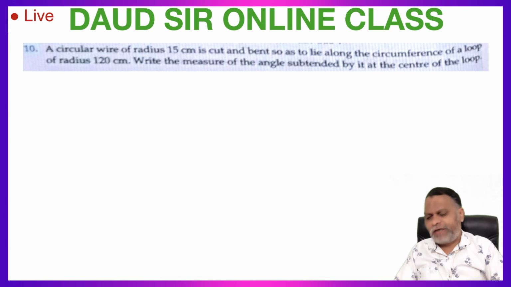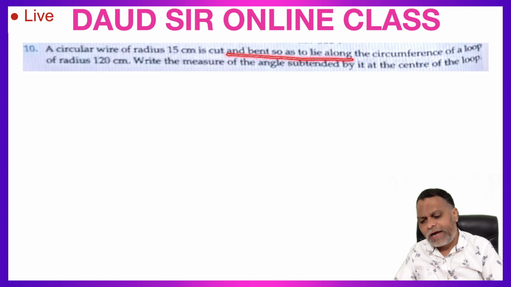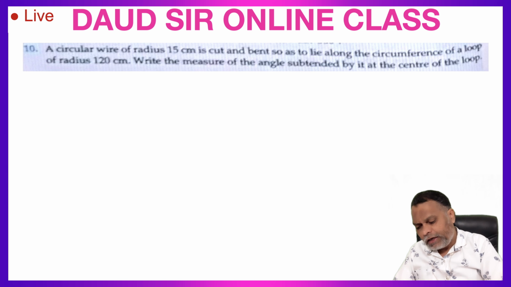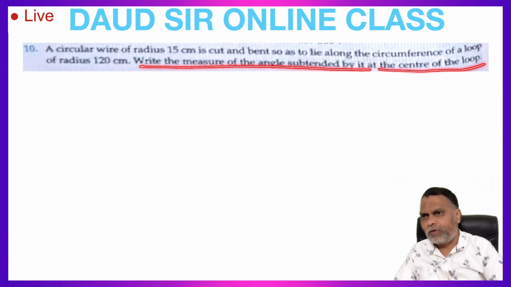Question number 10. A circular wire of radius 15 cm is cut and bent so as to lie along the circumference of a loop of radius 120 cm. Write the measure of angle subtended by it at the center of the loop.